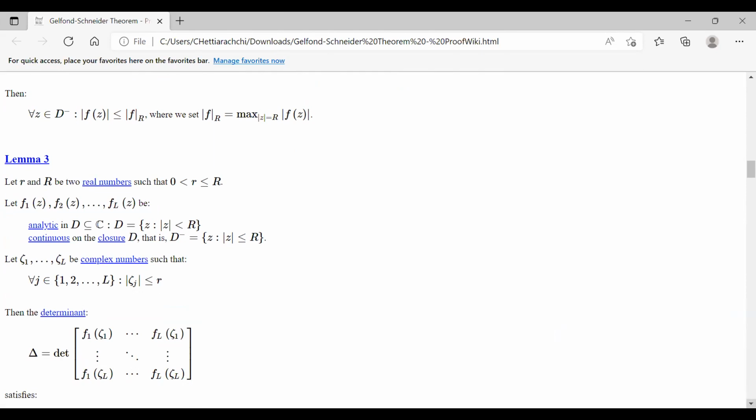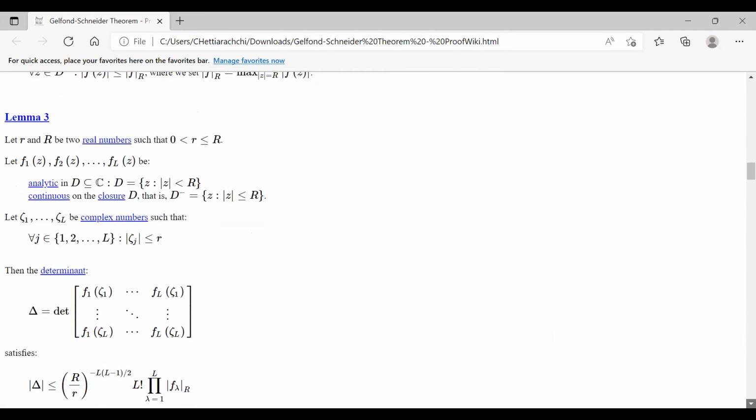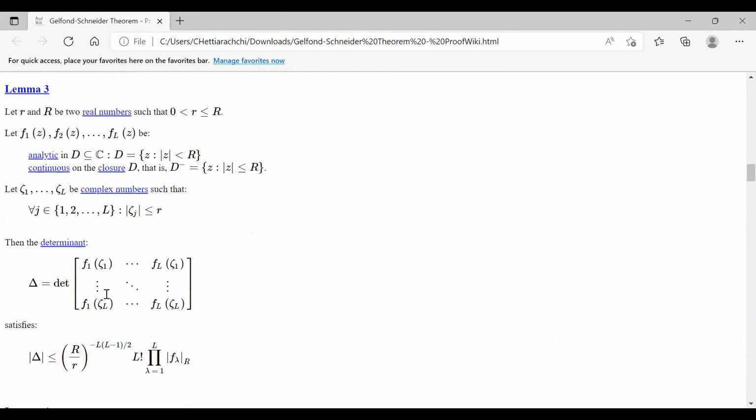Then we calculate the determinant of the matrix, this one. This is going to be an L by L matrix. This is the determinant of this matrix.